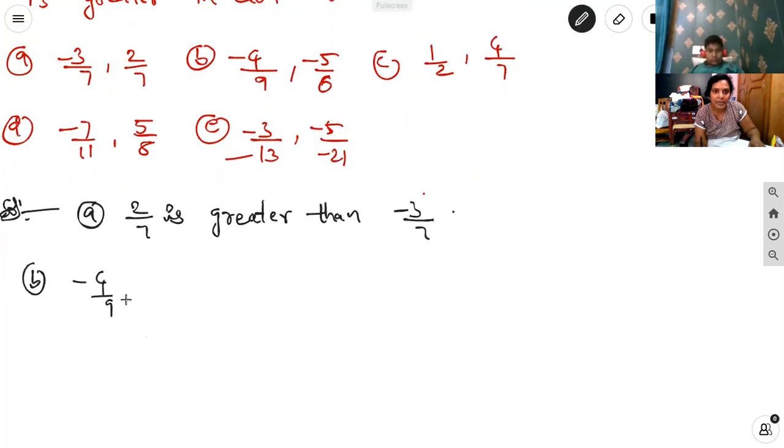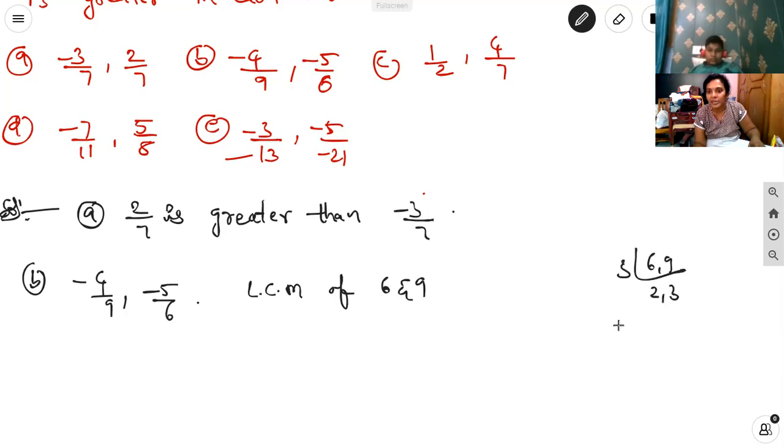minus 4 by 9 and minus 5 by 6. First, take the LCM of 6 and 9. 3 2s are 6, 3 3s are 9. So the LCM equals 3 into 2 into 3. 3 2s are 6, 6 3s are 18. 18 is the LCM.